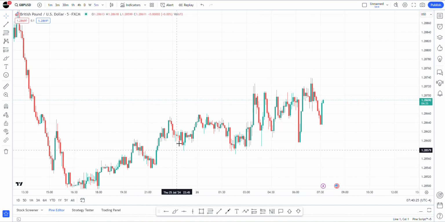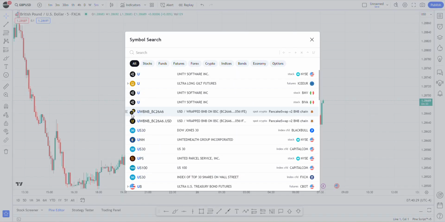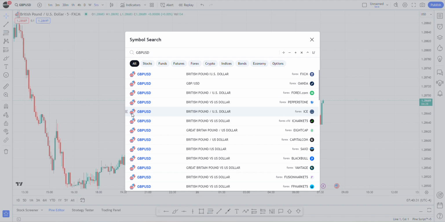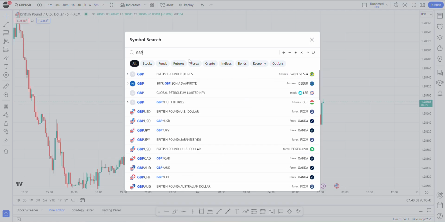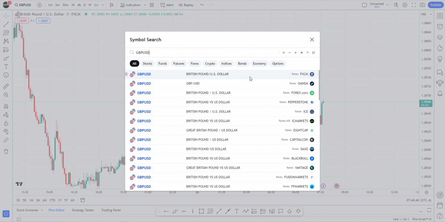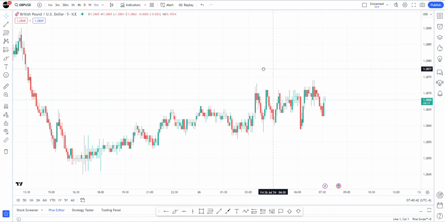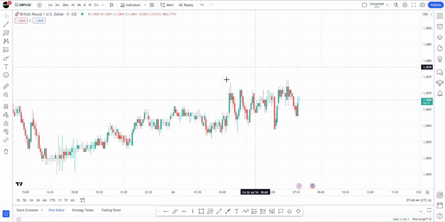These are counting per pipettes, and to me, that doesn't make sense. So this is what I use for currencies, ICE.